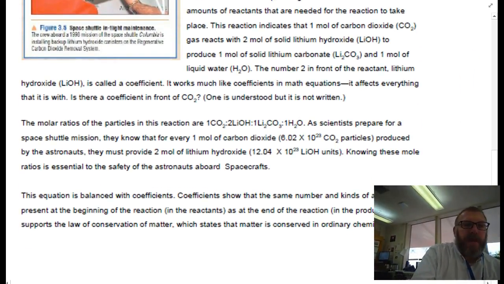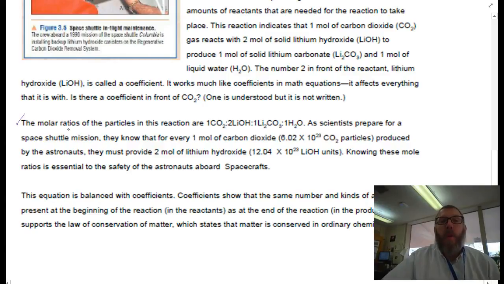Okay, so now we're down here with the molar ratios paragraph. The molar ratios of the particles in this reaction are 1 carbon dioxide to 2 lithium hydroxides to 1 lithium carbonate to 1 water. So basically, it tells me that for every 1 mole of carbon dioxide, I need 2 moles of lithium hydroxide.